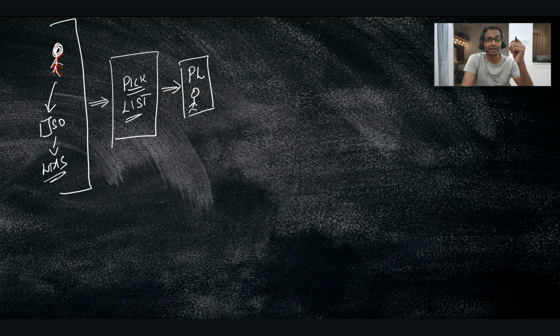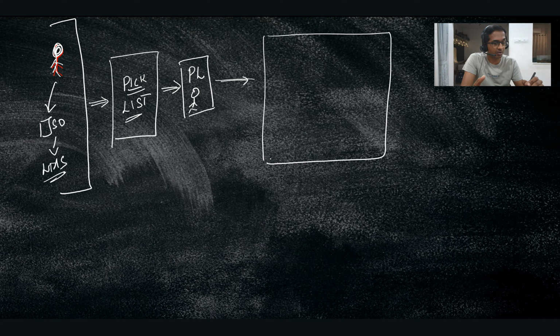That operator is called a picker. So the picker is going to take this pick list and get into the warehouse. Let's assume there's a warehouse, and there is a bin location, and this particular pick list is asking the picker to go to location 1A1, which is, let's say, over here, and pick 10 quantity of the product.